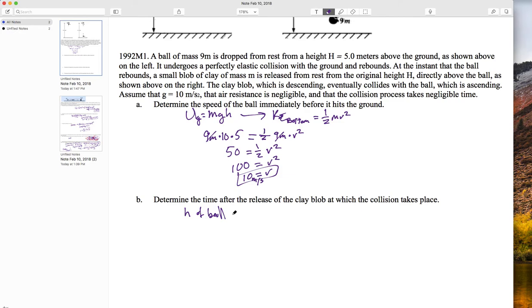So we know that the height of the ball is going to be related to its speed times time. It's essentially going to be an equation of this form. y equals y0 plus v0t plus 1/2 at squared.